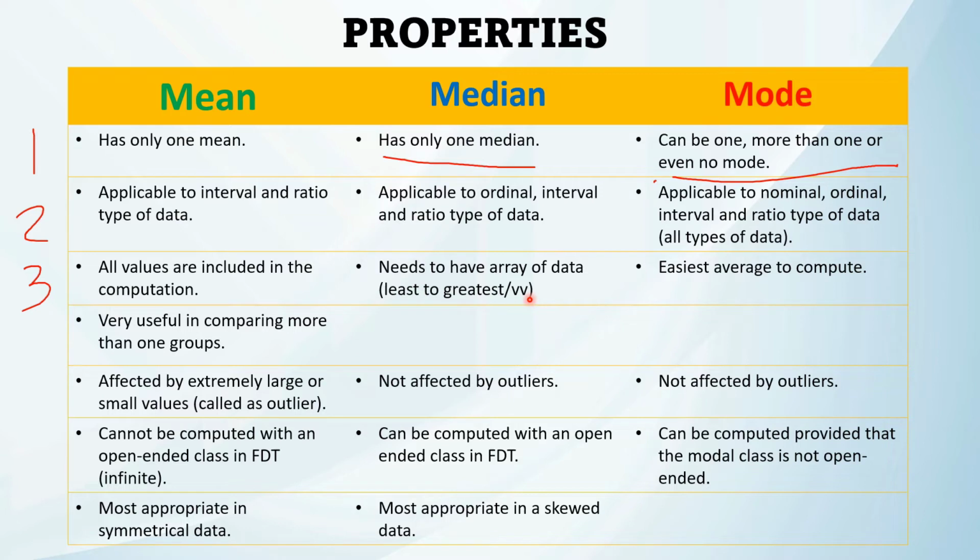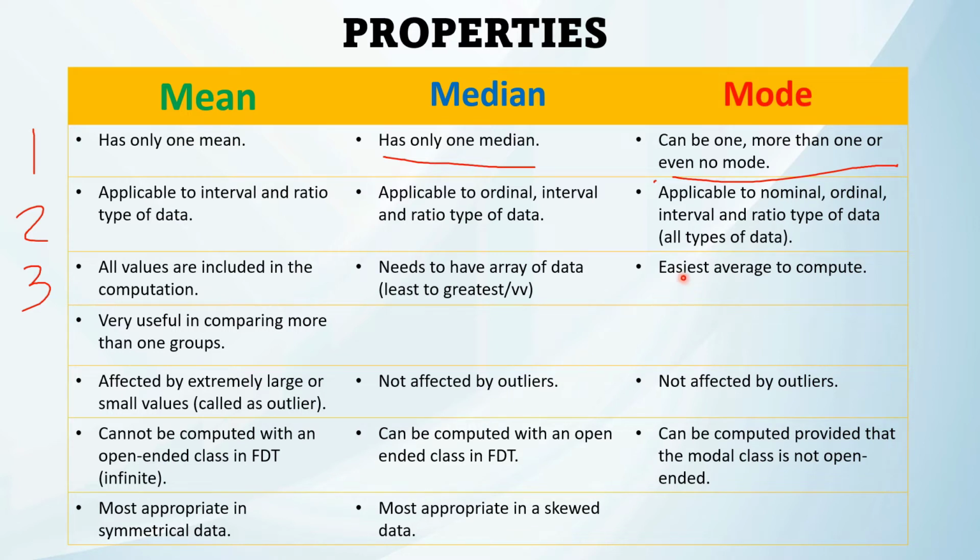So if you are given an ungrouped data, specifically raw data, you need to arrange it in increasing or decreasing order so that you can form an array of data.